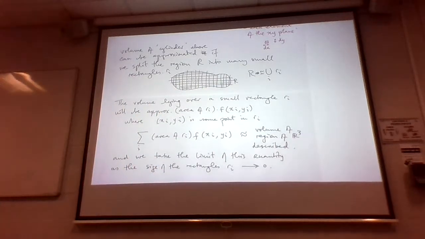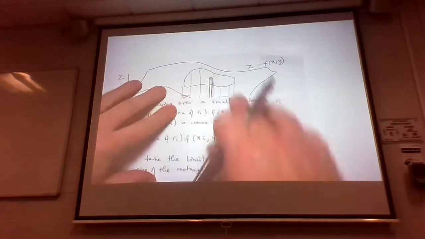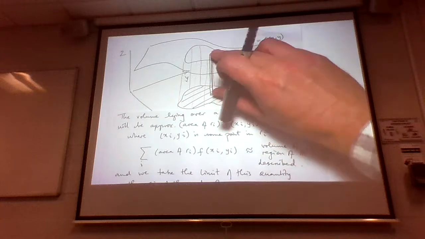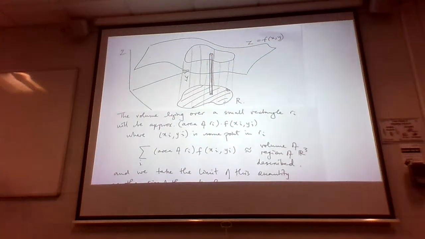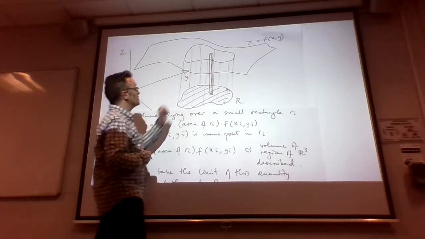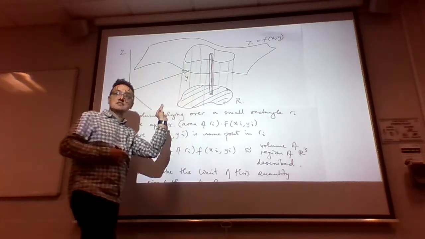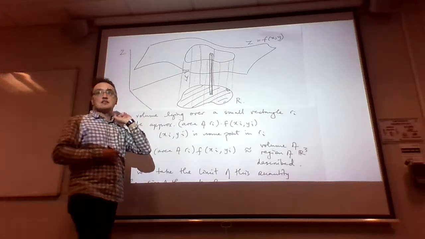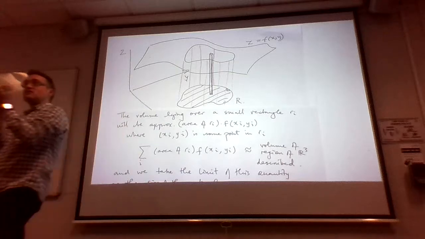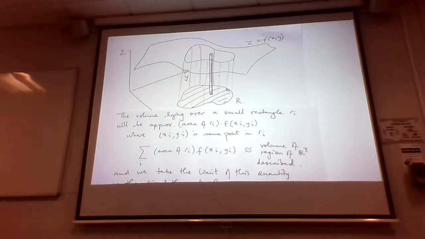And the inaccuracies brought about by using just one representative point in the middle of the rectangle to represent the behavior of the surface above that rectangle converge to 0 as well because the size of the rectangle is decreasing and decreasing. So the representative point is only representing an ever-shrinking region around it. So in the limit, it'll give a perfect representation.